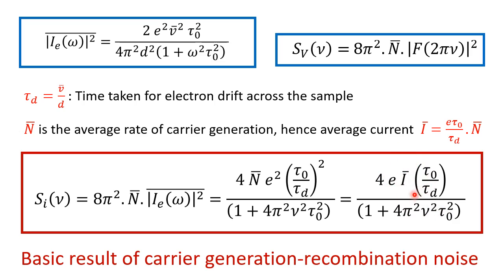And this feature tau naught by tau d is indeed new, because that tells me the loss of these singular discrete events, which is happening at a scale of tau naught, even though it requires tau d time to contribute to a current. So this is one of my basic results of the recombination noise that we generate in these photoconductive devices.